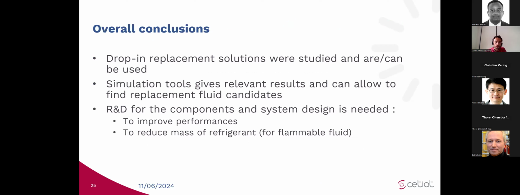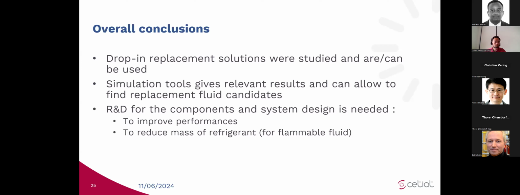Maybe the first two are a bit dated now, but the idea is that there are lots of drop-in replacement solutions that can be used to change some refrigerants, especially some mixtures. Mixtures can have really interesting properties, and those properties can be easily studied, in a quite relevant way, using software and simulation tools.